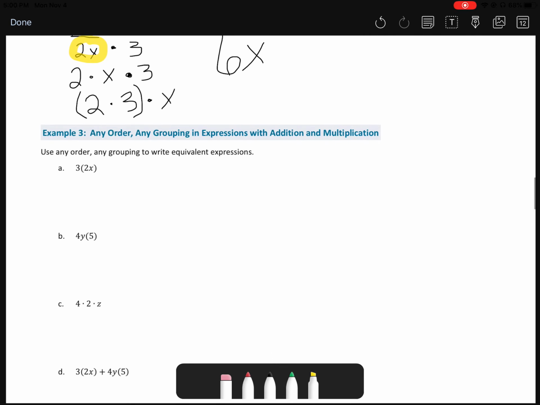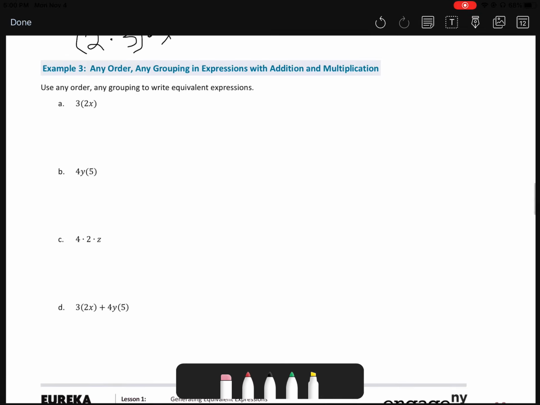Example number 3, I'm going to want you to try A through F by yourself and then raise your hand and do another check. So remember, this is just like the one that we did before. I want you to simplify it the most that you can.